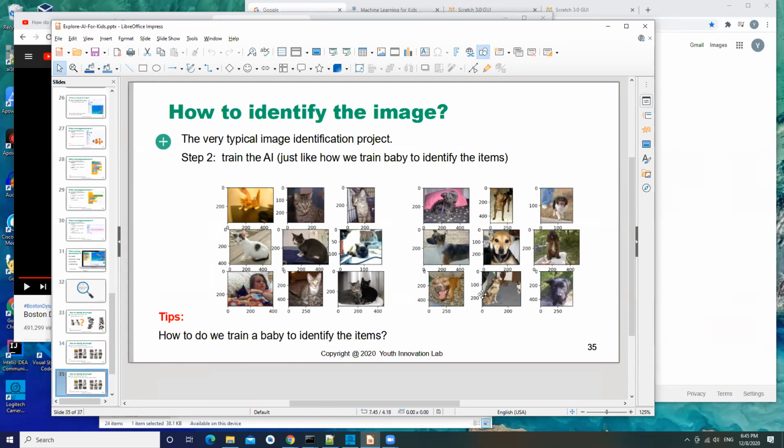You have multiple pictures, just like you train the baby to identify the items, right? If you have a younger brother or younger sister, he or she is really so young. He doesn't really know a lot of dogs. He maybe saw a cat once or twice, so he probably still gets confused with a very cute dog and identifies it as a cat.